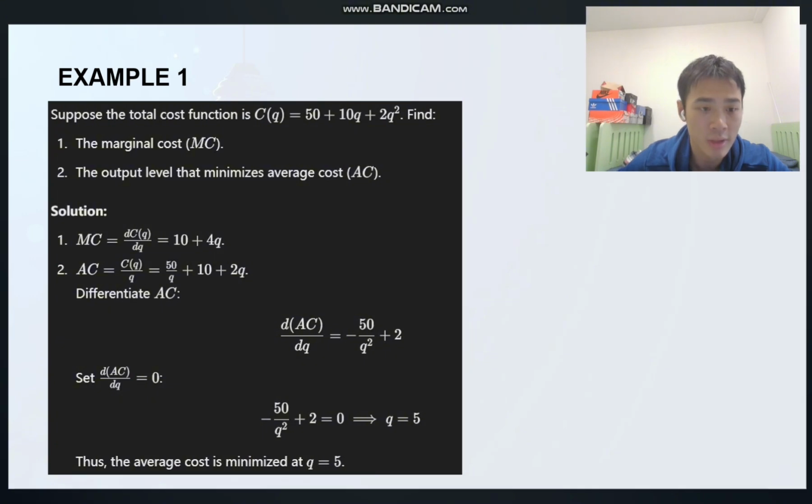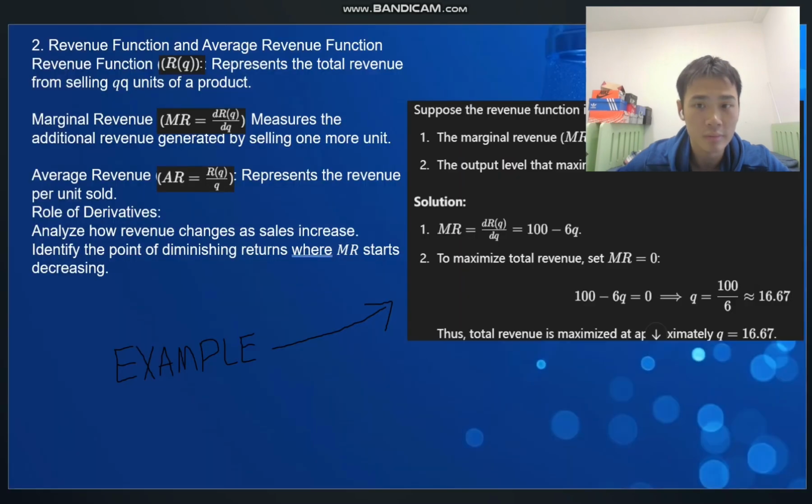And then we differentiate AC, and let's set dAC over dQ equals to 0, which is when the average cost hits the minimum. So when dAC over dQ equals 0, we can find that Q equals 5. Thus, the average cost is minimized at Q equals 5.